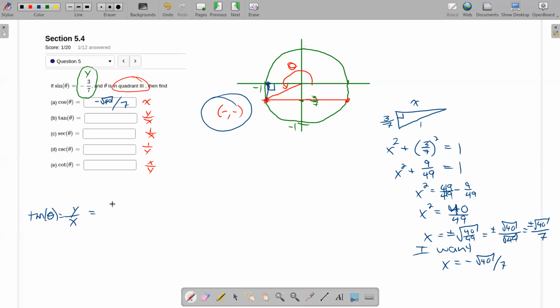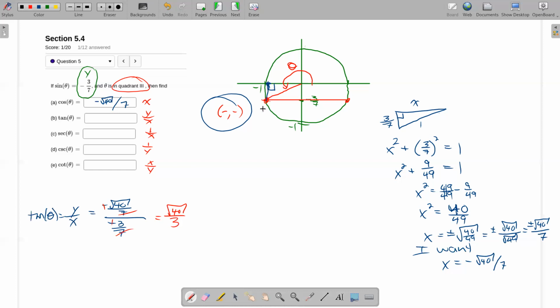So in this case, my y is negative 3 over 7, and x is negative square root of 40 over 7. A negative divided by a negative is a positive. And then I have divide by 7 here, divide by 7 there. Those are going to cancel out. So I get positive square root of 40 over 3.